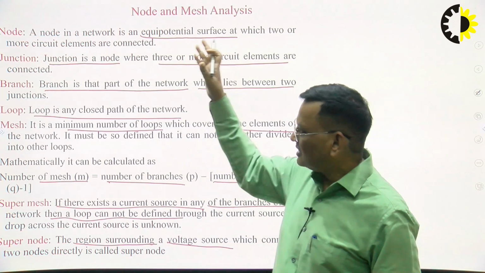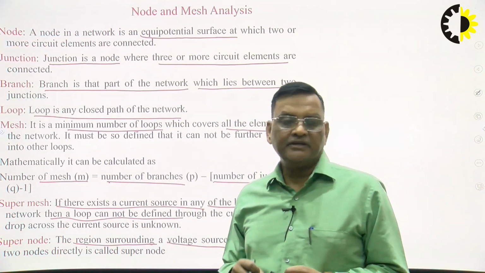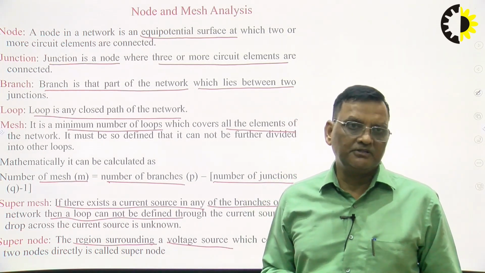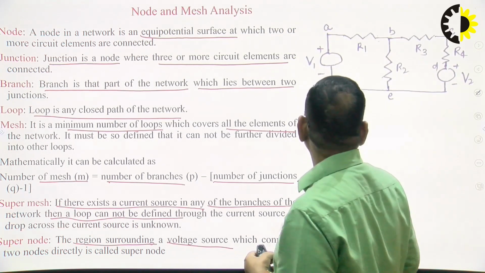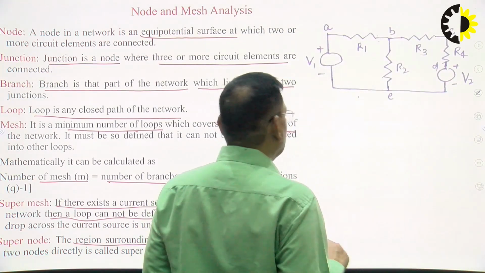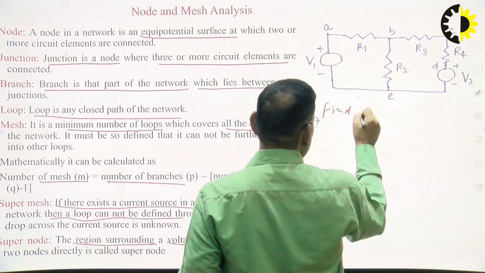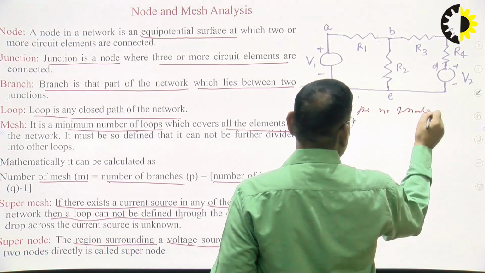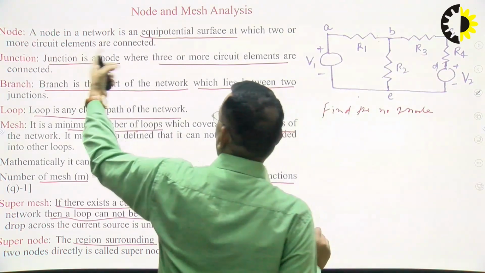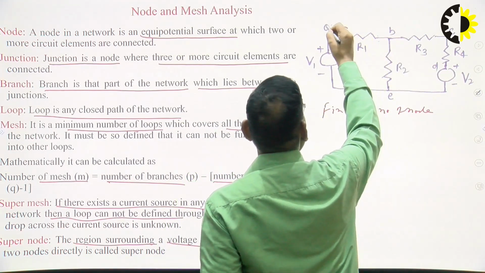So, these are some of the terminology used in carrying out node and mesh analysis. These terms can be explained with the help of a given circuit. Now find the number of nodes. How many nodes are there? A node is an equipotential surface.